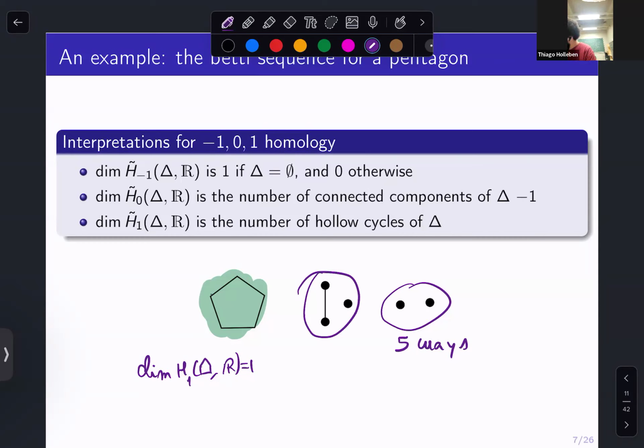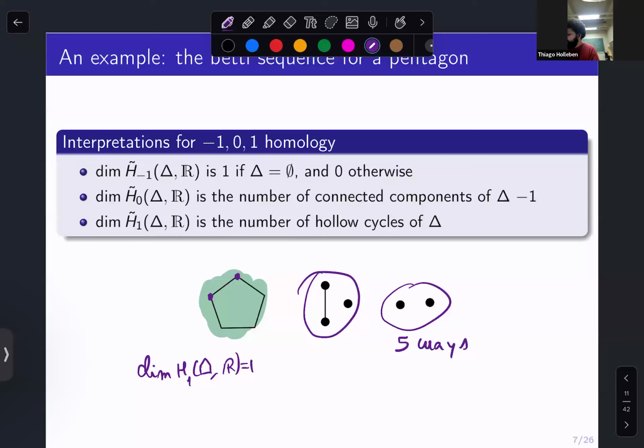If you pick 3 vertices like this, the complex is basically 2 edges glued together, which again does not have homology, so it won't contribute to the sequence.